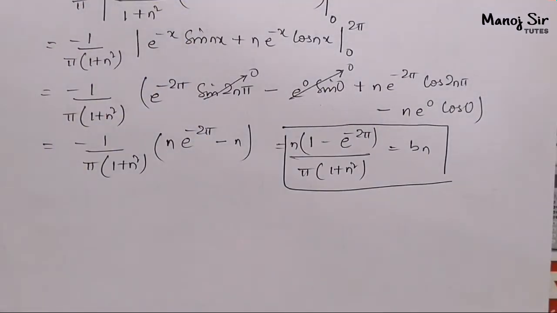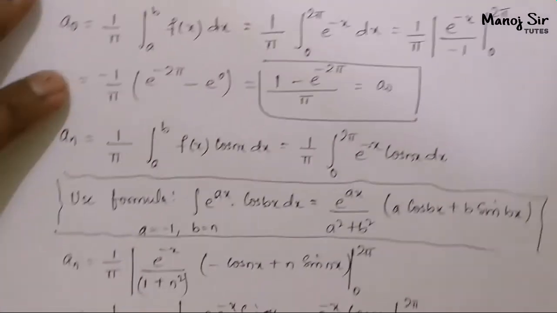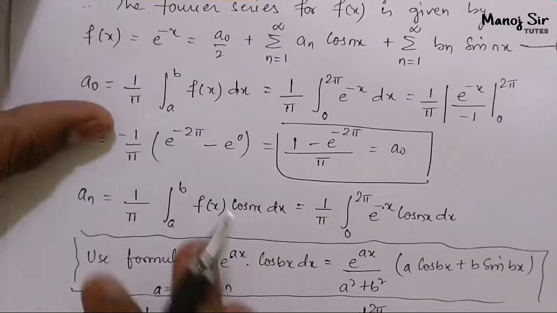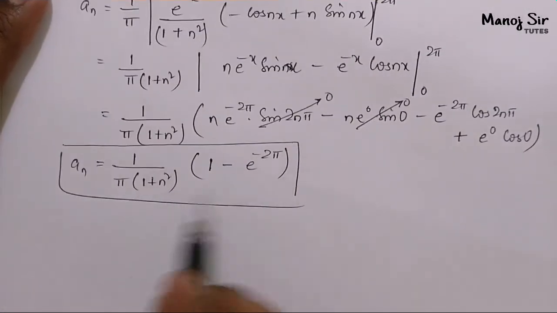Also we have the value of a naught equals to this, and an as this much.